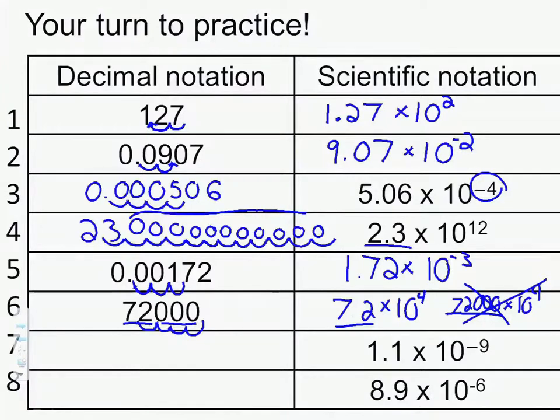Okay? Let's do these last ones. 1.1 times 10 to the minus 9. 0.1, 2, 3, 4, 5, 6, 7, 8, 1, 1. Double check ourselves. 1, 2, 3, 4, 5, 6, 7, 8, 9. Okay?